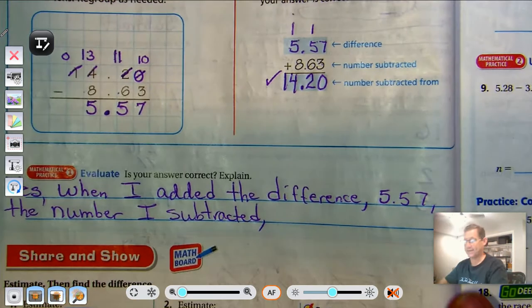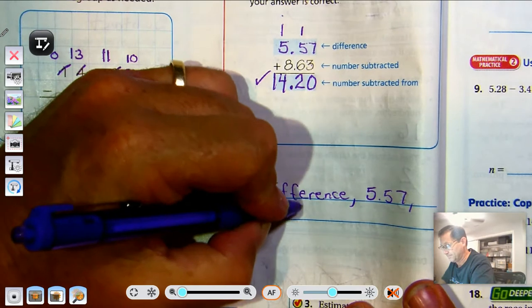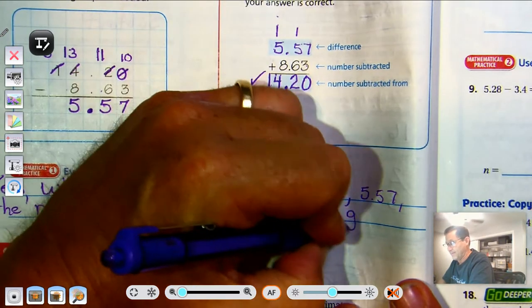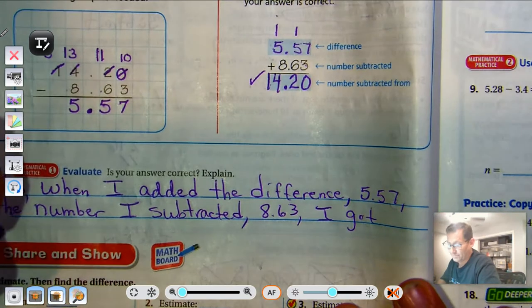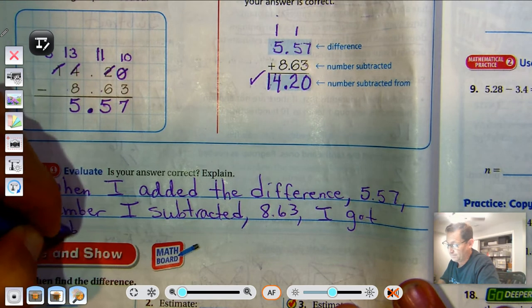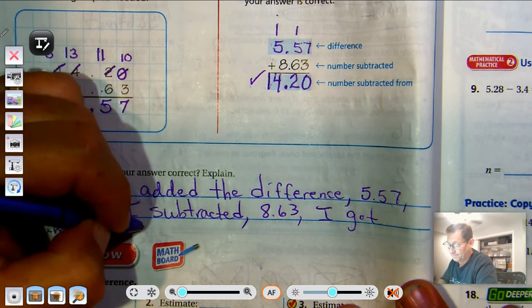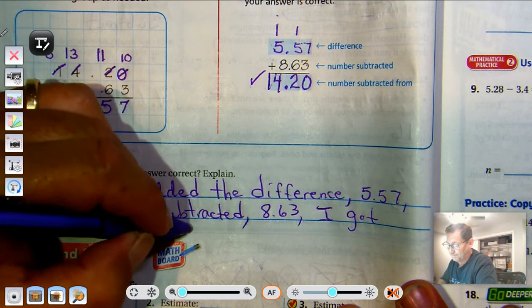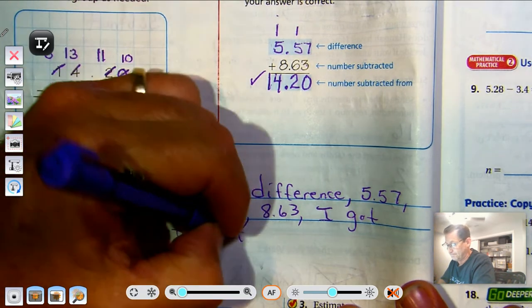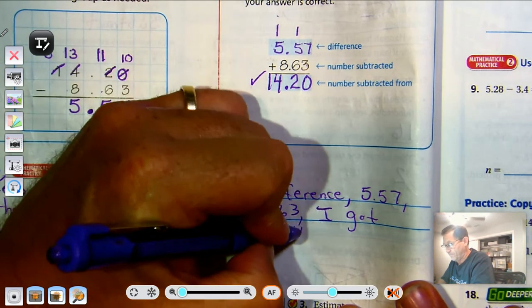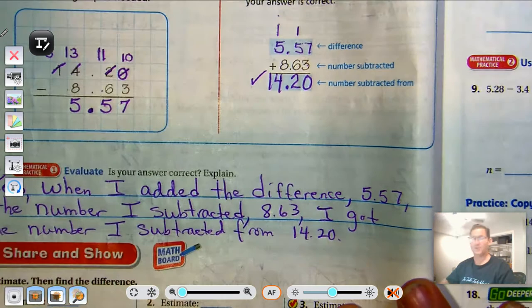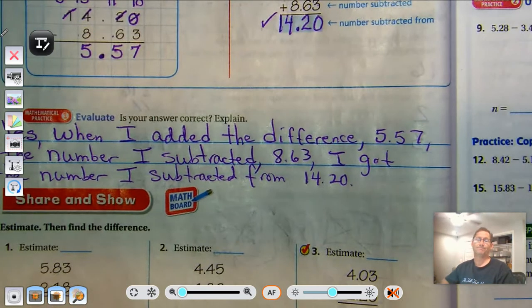What was the number I subtracted? 8 and 63 hundredths. I got the number I subtracted from. 14 and 20 hundredths. Okay.